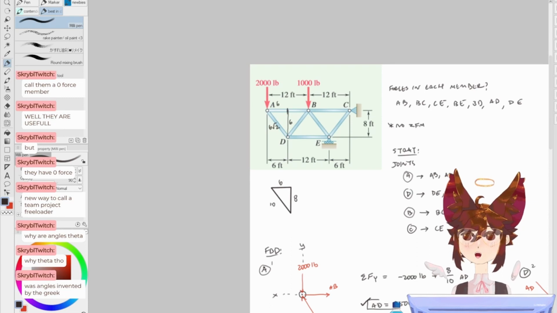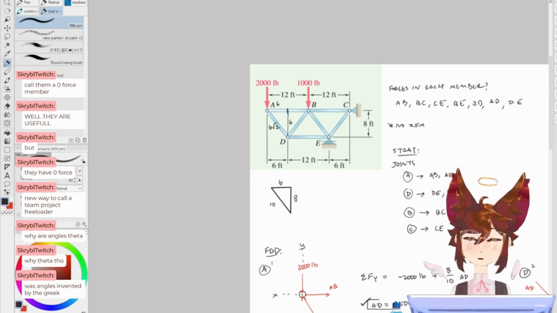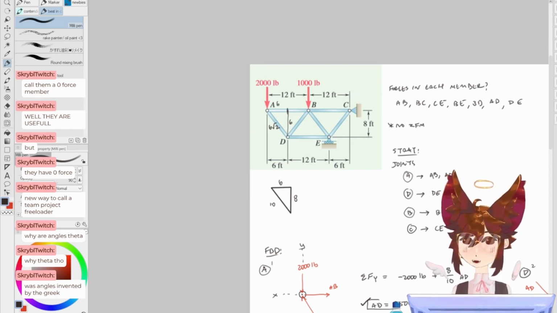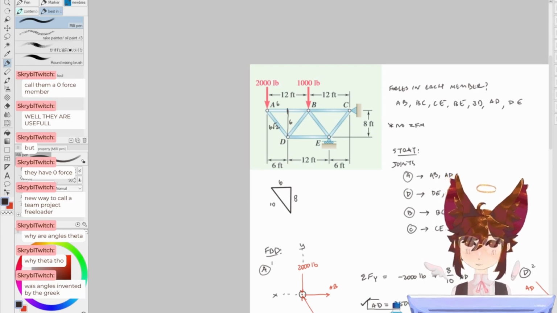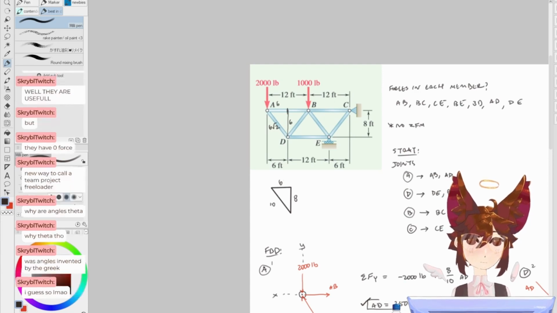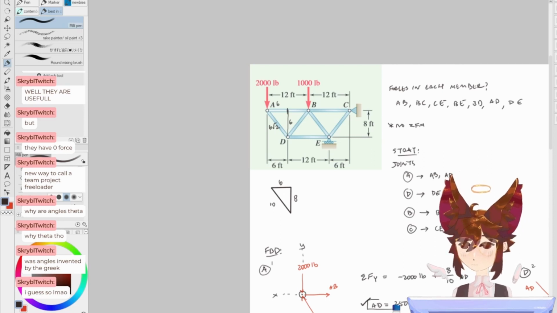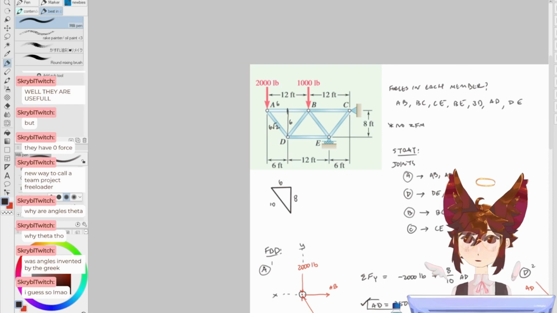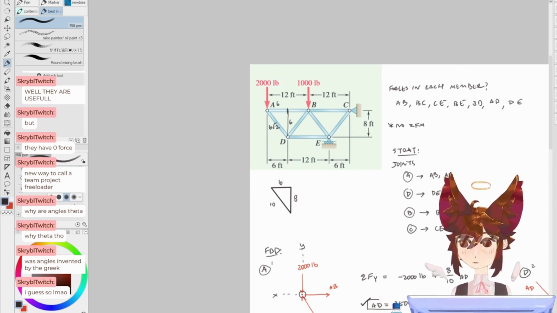This convention dates back to ancient Greek mathematicians who used the letter theta to represent angles. Theta was the next letter that was not used for anything, and we kept their convention. Were angles invented by the Greeks? I think a lot of the geometry stuff was ancient Greece.